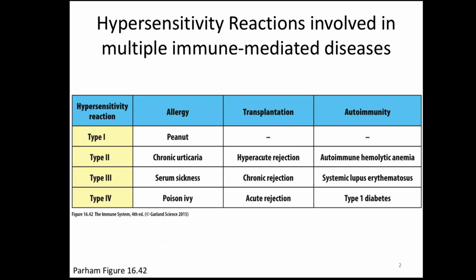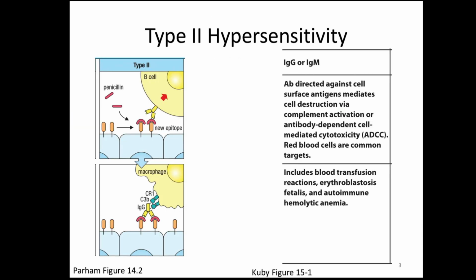Like I said, we talked about type 1 a bunch last time. If you remember, type 1 had the mediators of IgE antibodies and mast cells. The key thing about type 1 hypersensitivity was that it was immediate. So that's the immediate type hypersensitivity response. We're going to move first into thinking about type 2 hypersensitivity today.